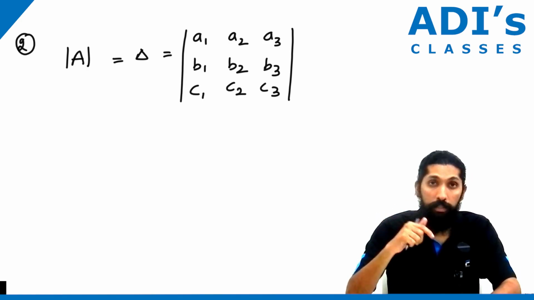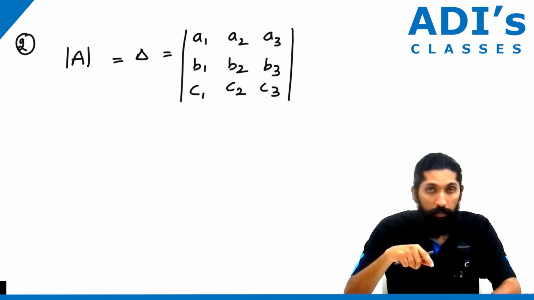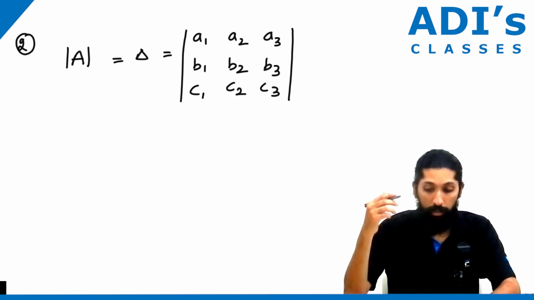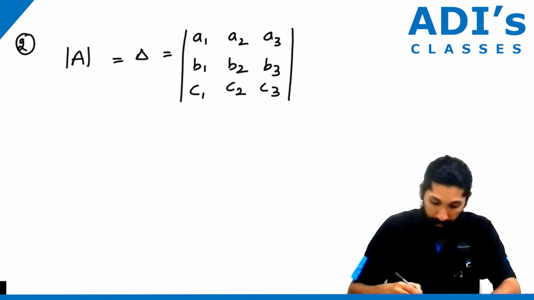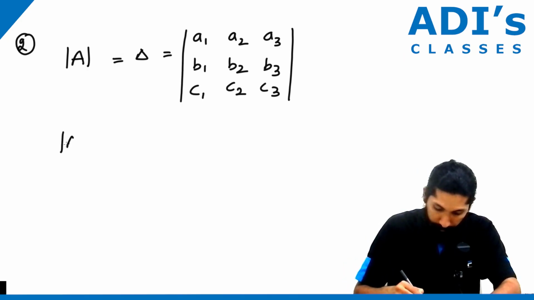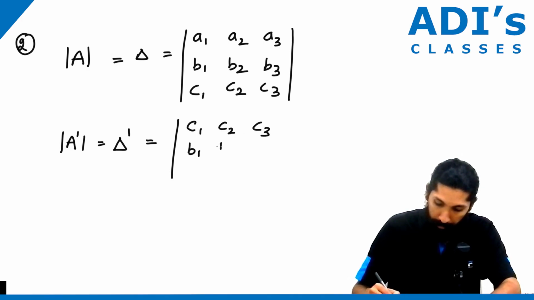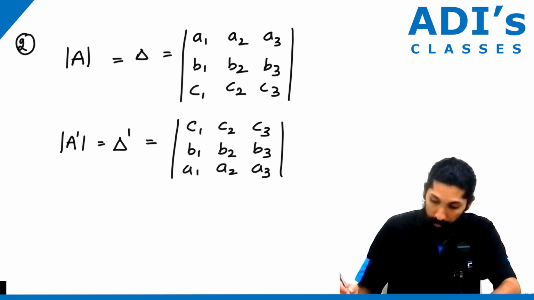Or A1, B1, C1 is the first column and A2, B2, C2 the second. What if you interchange the columns? Let's call this delta dash. Suppose we interchange, so this becomes C1, C2, C3, B1, B2, B3, A1, A2, A3. Now here, what did we do?